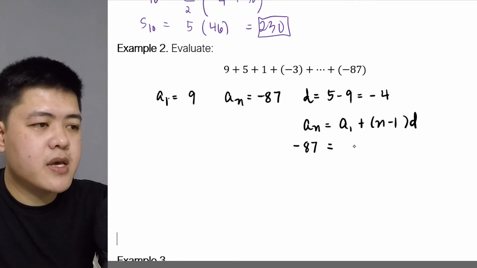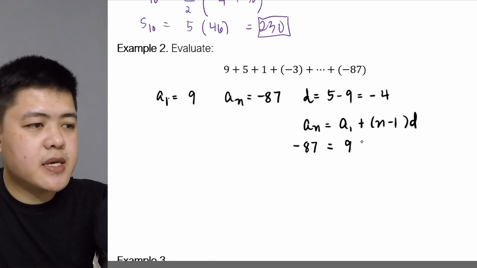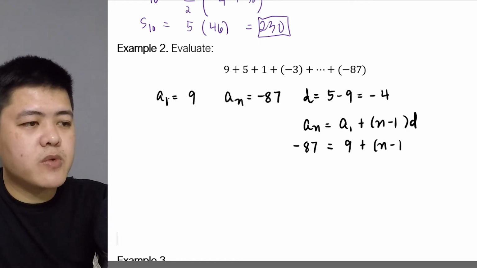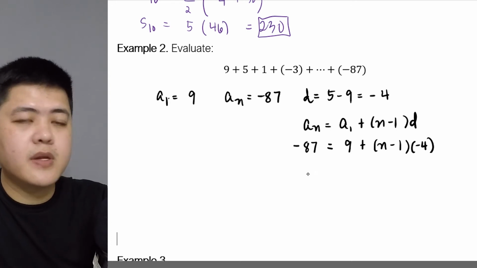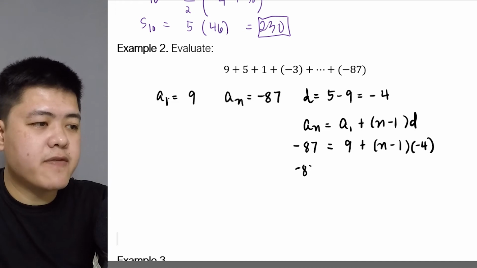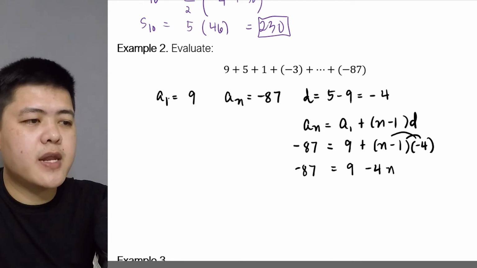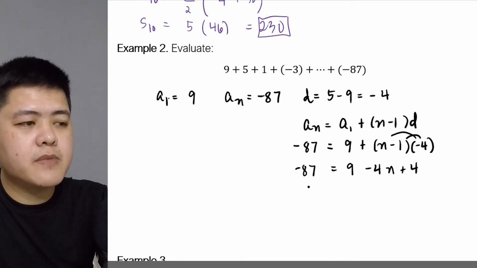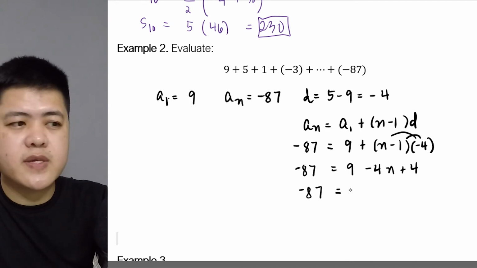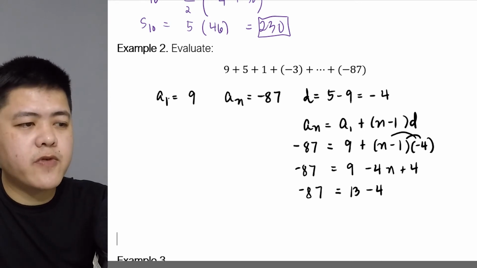Minus 87. Your first term is 9 plus n minus 1 times the common difference of minus 4. Let's simplify everything. We have minus 87 equals 9, distribute minus 4. So we'll get minus 4n plus 4. So we'll get minus 87 equals 9 plus 4 is 13 minus 4n.